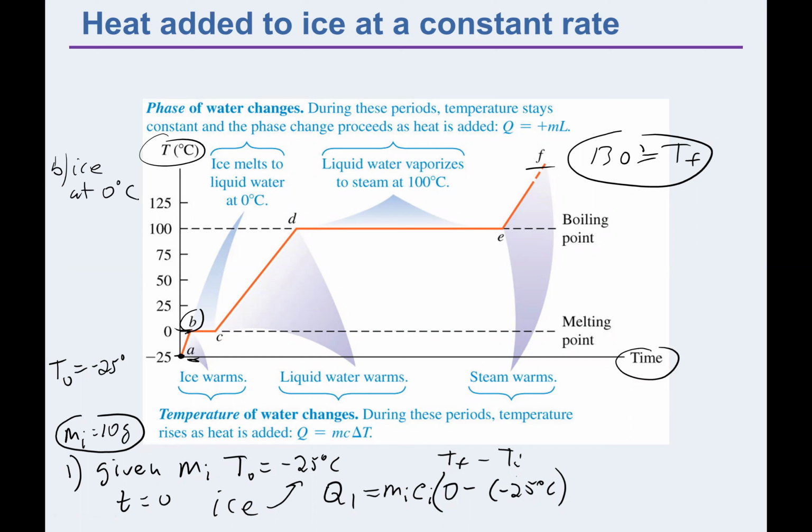Remember, where point A here, I had ice. So point A is ice at negative 25 degrees Celsius. Then what do I do? Well, in order to continue the process of increasing the temperature, before I can increase any temperature, I need to first melt the ice.